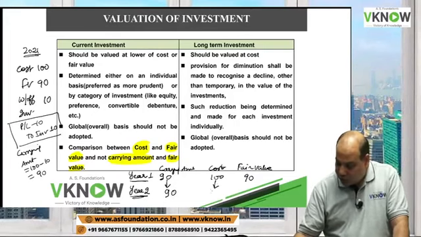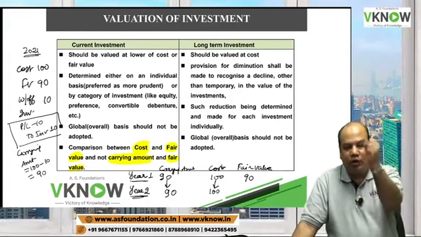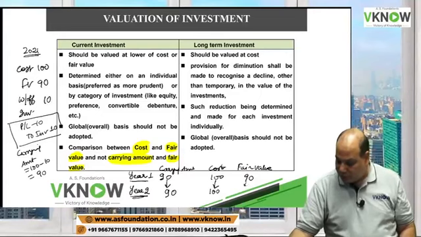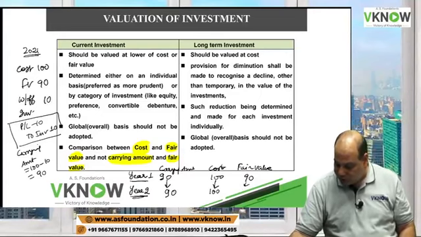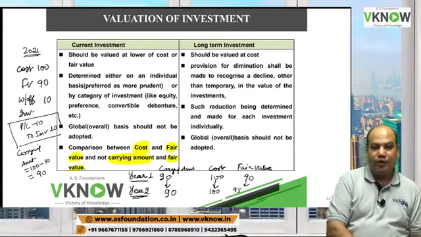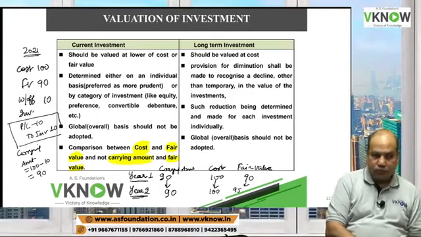My cost will always remain same 100, because cost is like your birthday, it is logged. Cost will not change. But my fair value will become, let us say, 95. In second year, my fair value becomes 95.